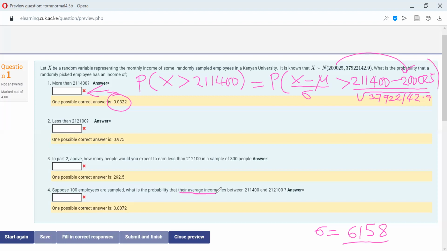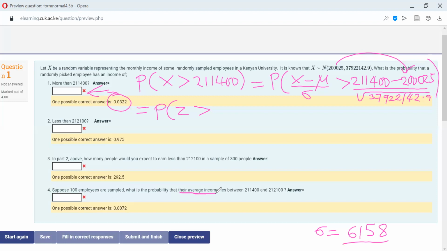So that is it. This will now be equal to the probability that Z is bigger than, I work out, 21,400 minus 200, 0.25. That is equal to 11,375.